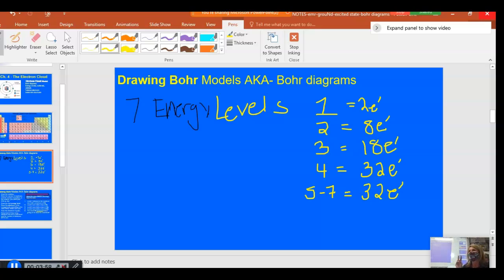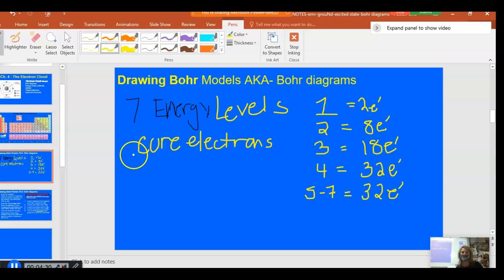Now, 2 types of electrons we're going to be dealing with. We're going to be dealing with core electrons. So core electrons are all of the electrons excluding the ones on the last energy level.